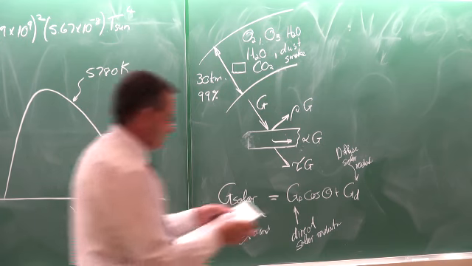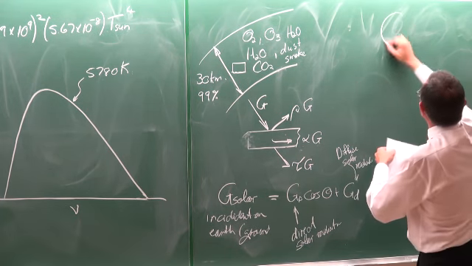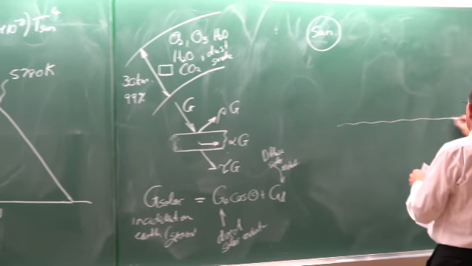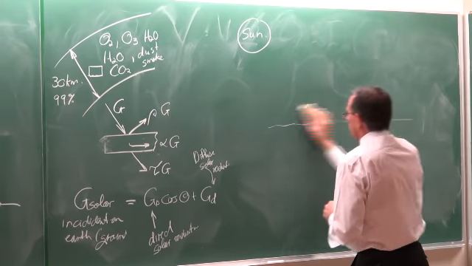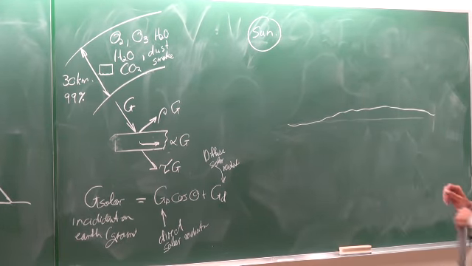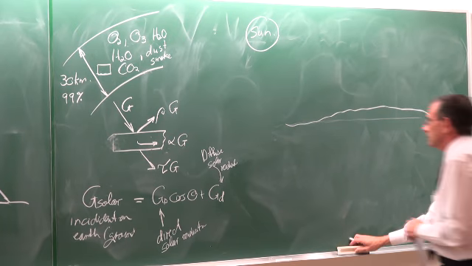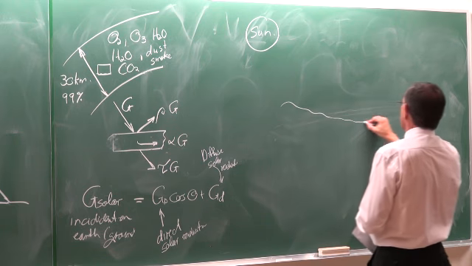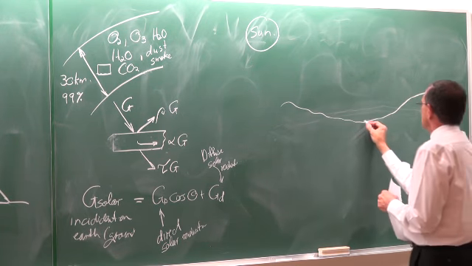So what we do is we say, well, let's make things a little bit simpler. We say, well, this is the sun, and here is the Earth. Now the Earth is not always flat. Let me draw it a little bit like that. Or maybe the other way around is better. Something like that.